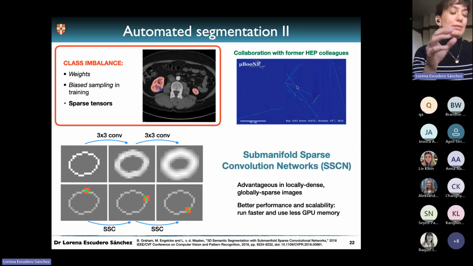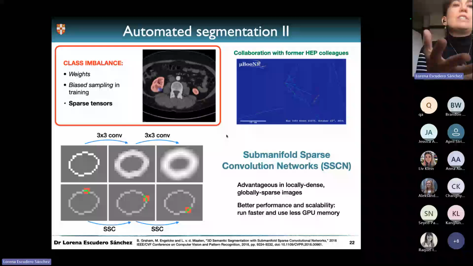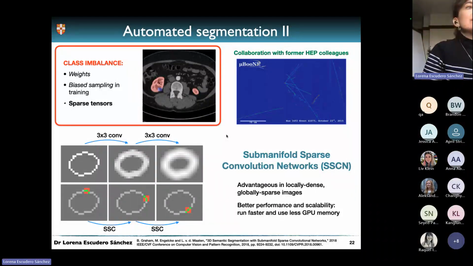because you can basically restrict where the algorithm is looking to those parts where there is activity. So submanifold sparse convolution networks work like this.